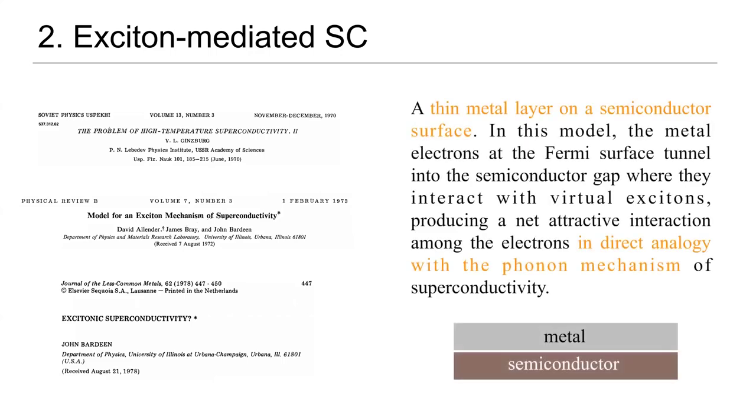The general idea of the exciton mechanism of superconductivity is to place a very thin metal layer on a semiconductor surface. In this model, the metal electrons will penetrate from the metal into the semiconductor, where the exciton in the semiconductor will work like a glue to provide an attractive interaction between these electrons.